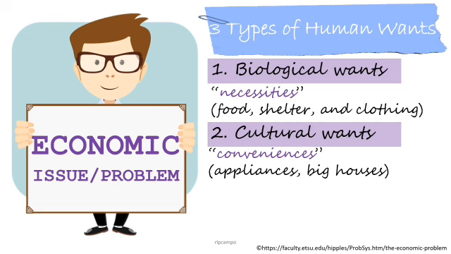Second one is cultural wants, which refers to the goods and services beyond necessities in order to maintain the socially accepted standard of living. These goods and services are called conveniences. It can be your appliances, big houses, and other things that make your life comfortable and convenient.